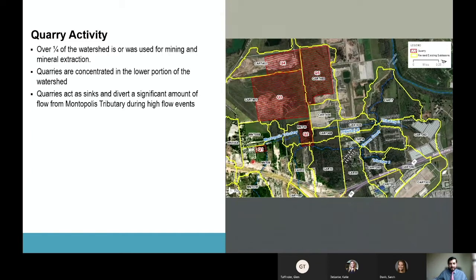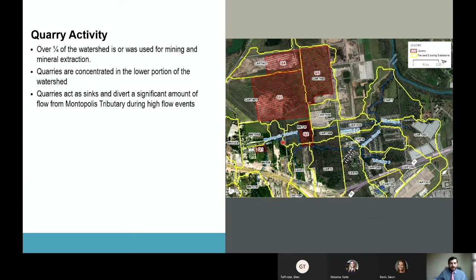On this right side figure, which is rotated slightly, again to orient you, the Carson Creek comes here on the south side, and the Montopolis trib comes from this left side and joins Carson Creek. You can see highlighted in red are 5 quarries, and area-wise, those are over 1/4 of the watershed.